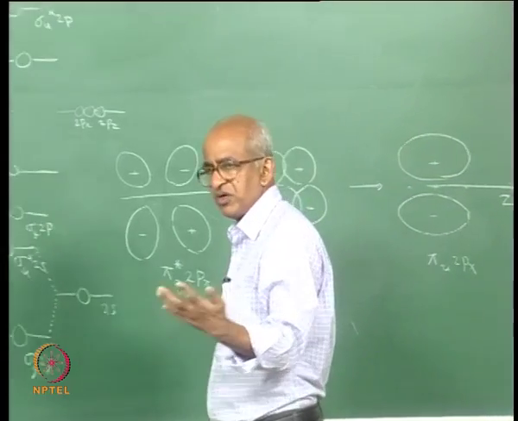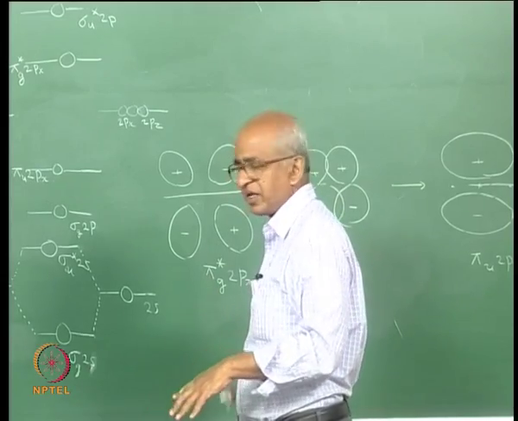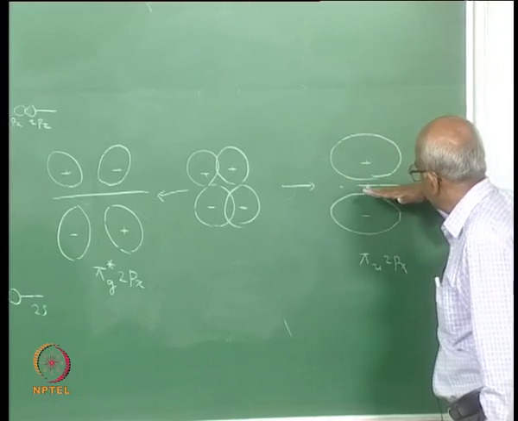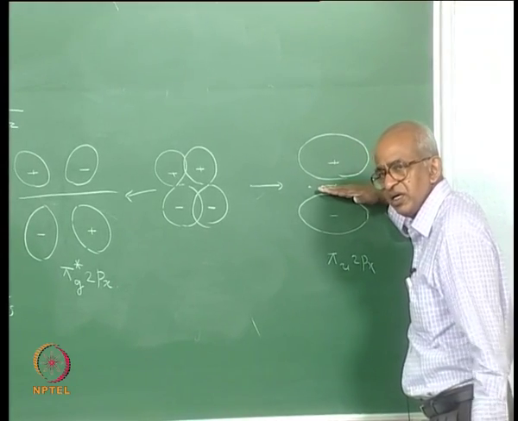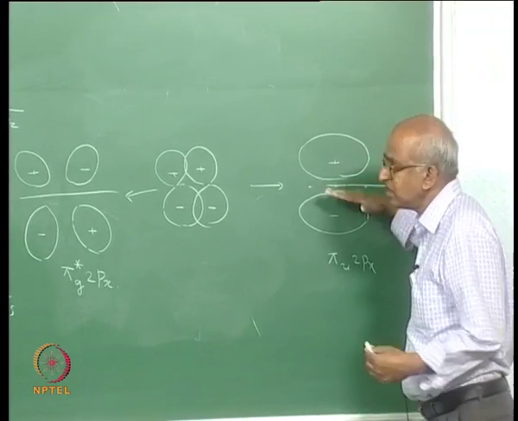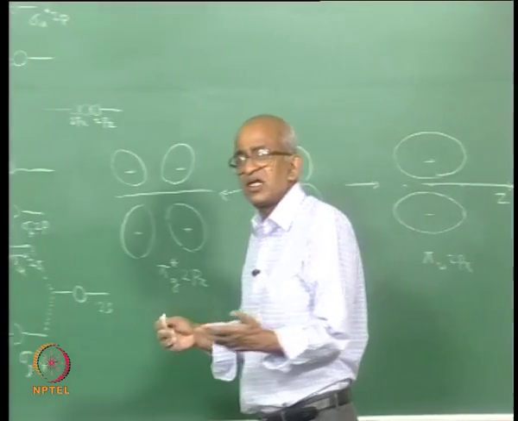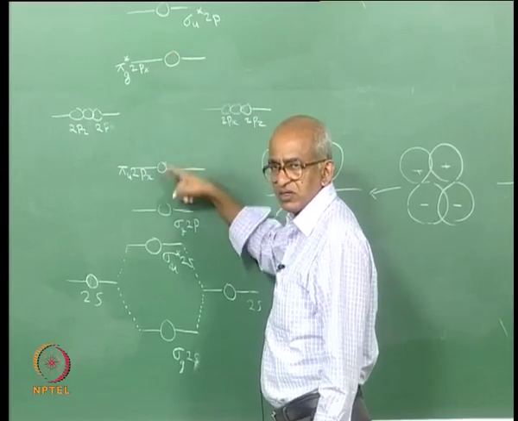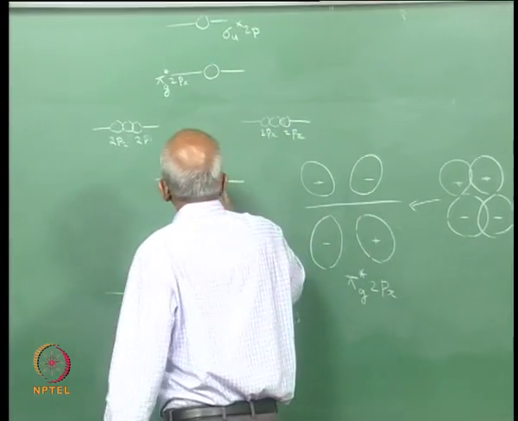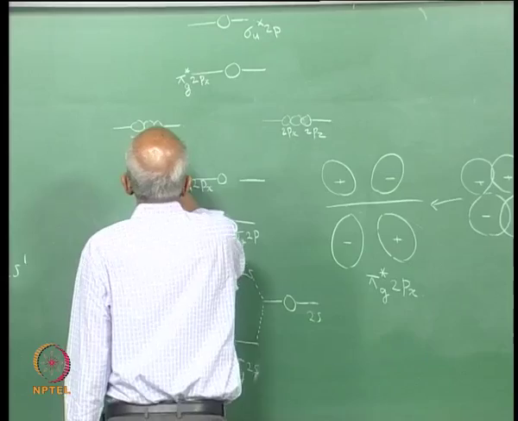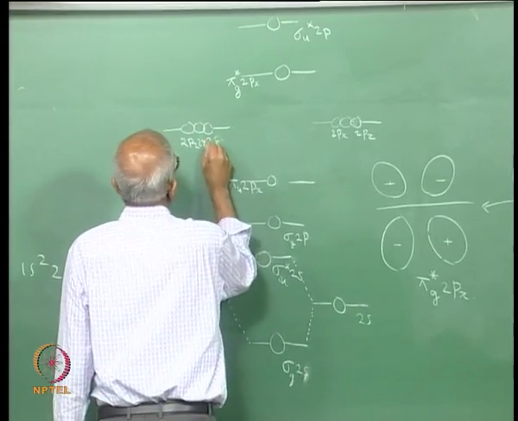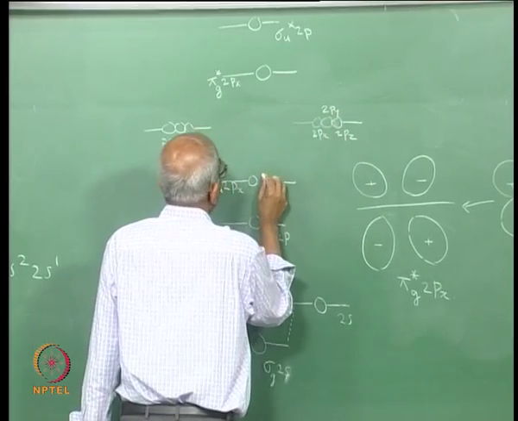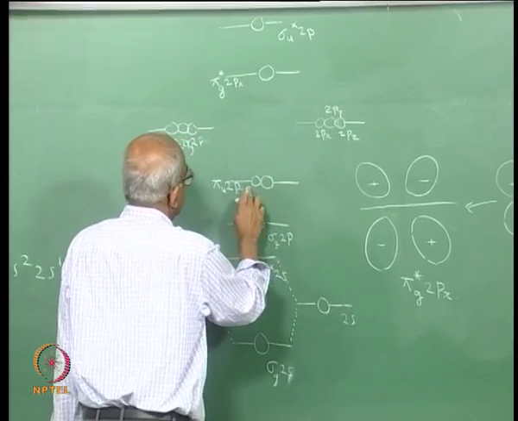Right. So, what will you get? You will get a bonding orbital and an antibonding orbital. Their appearances are going to be exactly the same, except that they will be in a plane perpendicular to the plane of the board, like that. Further, they will have precisely the same energy as these orbitals. So, from the combining together of 2py here with the 2py there, you will get one more orbital having precisely the same energy as this.